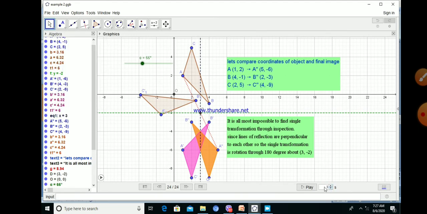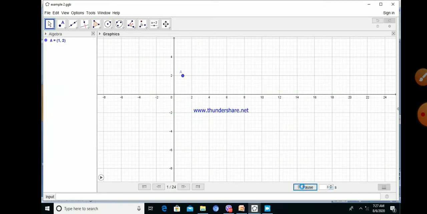Okay, now this is A, the coordinate is (1, 2). You need to plot it. It lies in the first quadrant, B lies in the fourth quadrant, and C lies again in the first quadrant. The triangle ABC will form.